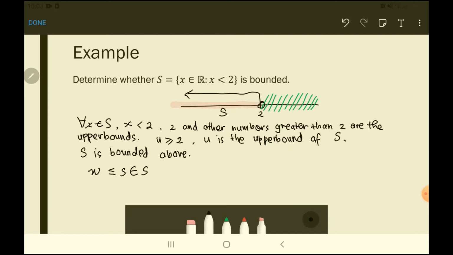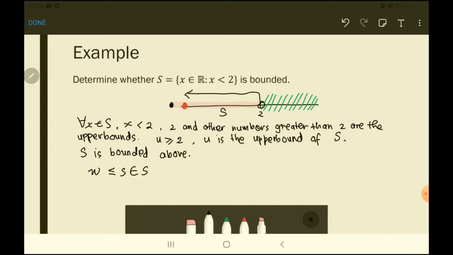But in this case, we know that there is no such number, right? There's no such value that is less than or equal to all elements of S. So you see that no matter what value we pick, let's say I'm picking a value here, the red dot there, I'm always going to find another value of S over here that is less than that red value.